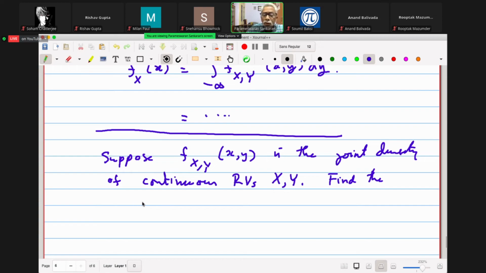Find the density function of XY. Okay, U equals XY.